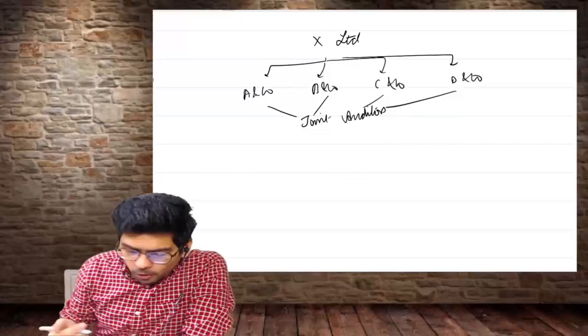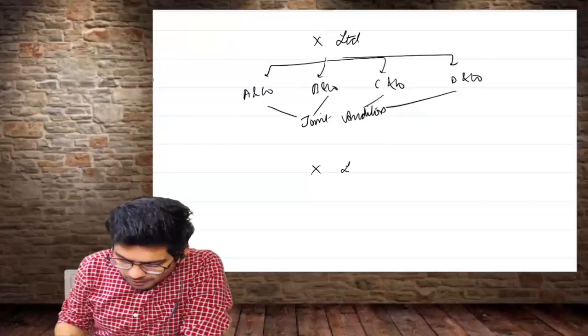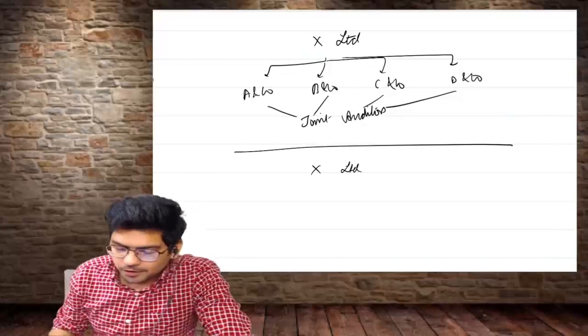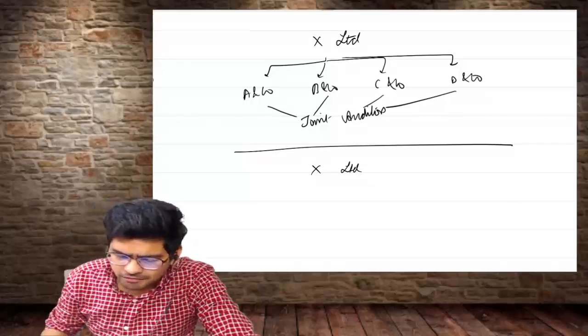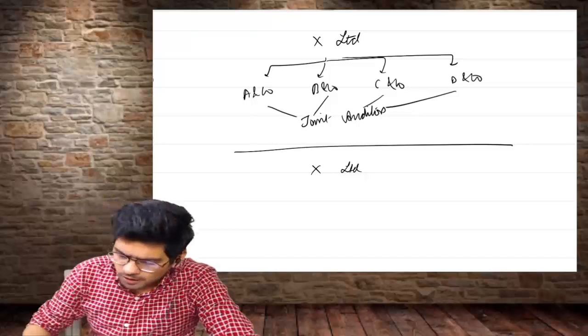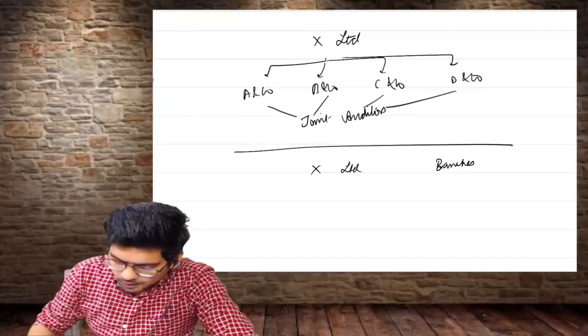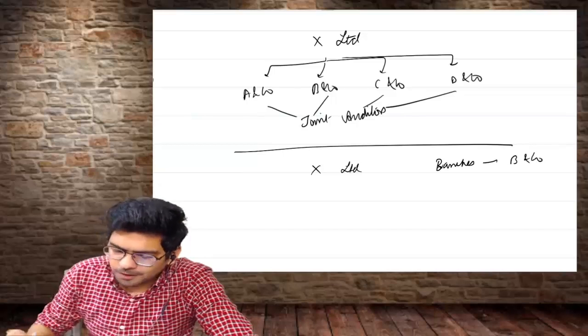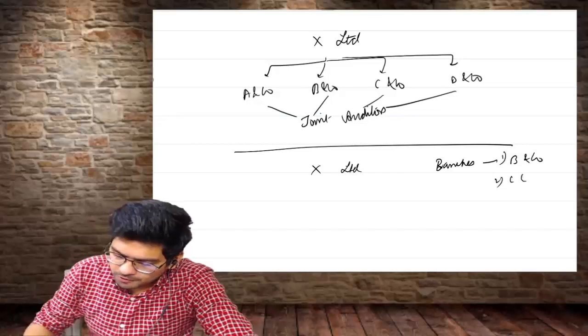Now it might also happen, let's say we talk about another case, X Limited, and in this X Limited, let's say they have certain divisions and certain branches. For the branches they have 2 auditors: let's say B and company for branch 1, and for branch 2 they have C and company.